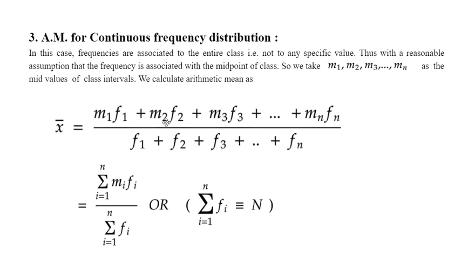Hence, we have taken m1, m2 up to mn instead of x1, x2 up to xn. This is the only difference between discrete frequency distribution and continuous frequency distribution: in the continuous frequency distribution, we take mid values instead of direct observations, that is xi's.